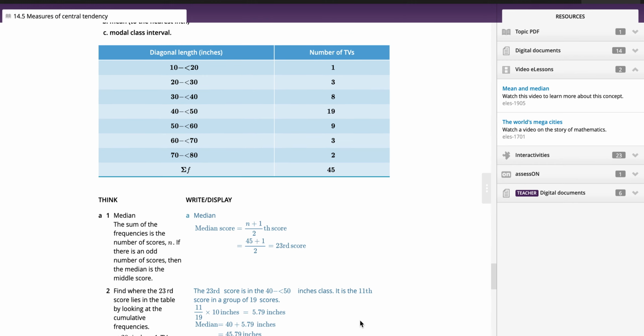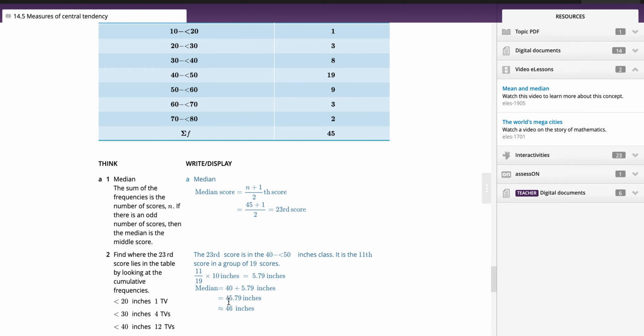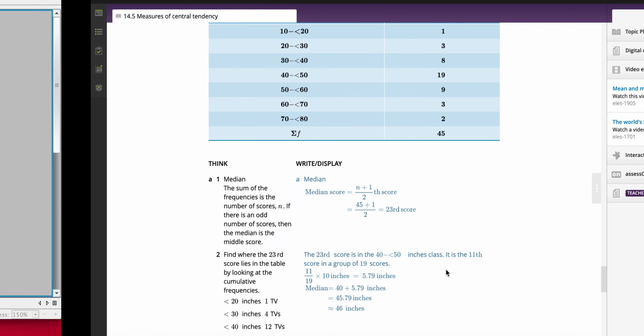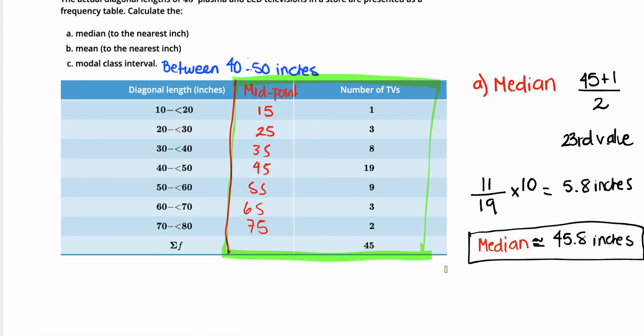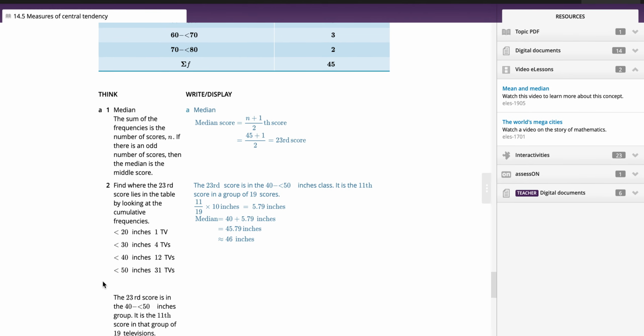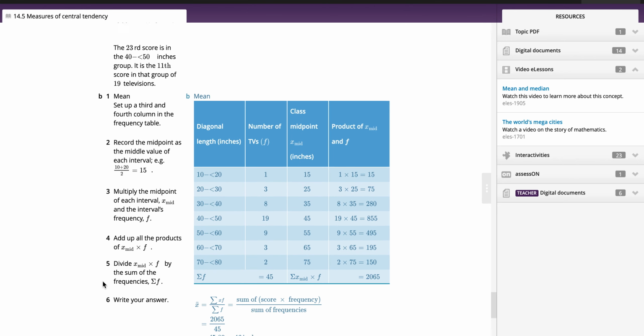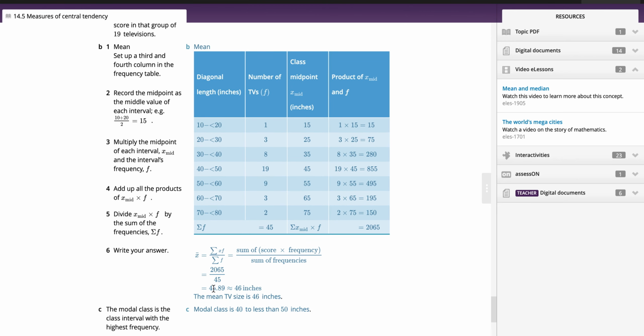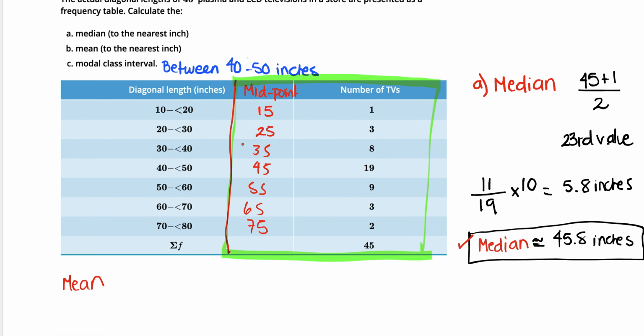My median, they say here 46, but I have 45.8, so I'll be happy with that. Okay, so I've done this one correct. And my mean, I found that it was also 45.8. I just want to check that they have found the same thing here. There you go, same thing. Don't get me scared, computer. Okay, the mean is also 45.8 inches. Don't forget your units.